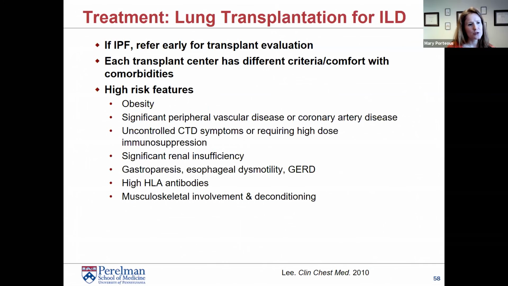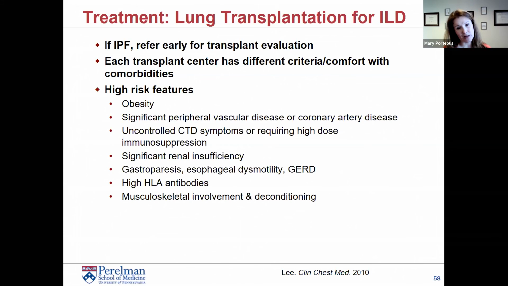Lung transplant for interstitial lung disease. If it's an IPF patient, refer them early for a transplant evaluation, so that anything that needs to be corrected can be done. Each transplant center has different criteria and comfort for different comorbidities, but there are some high-risk features that primary care doctors can help with. So obesity, significant peripheral vascular disease, or uncontrolled connective tissue disease symptoms may be a red flag.